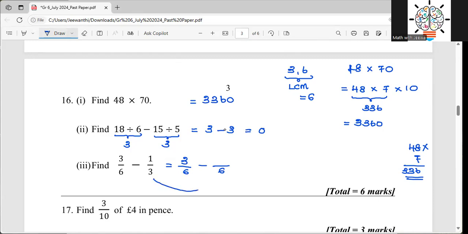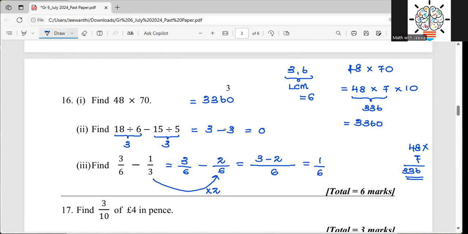You just see how I'm going to convert 3 into 6. I should multiply this by 2. The same thing I should do with the numerator: 2 times 1, 2. So now I have the same denominator. I draw the longer line like this. So then I have 3 minus 2. The answer is 1 over 6.